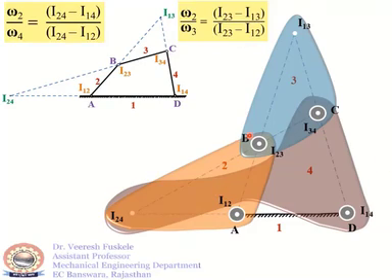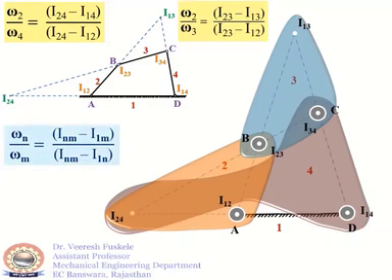Suppose we have n number of links, there are more links. Then how to write this equation for any link? For that we have this general formula: omega n upon omega m is equal to I nm minus I1m divided by I nm minus I1n.